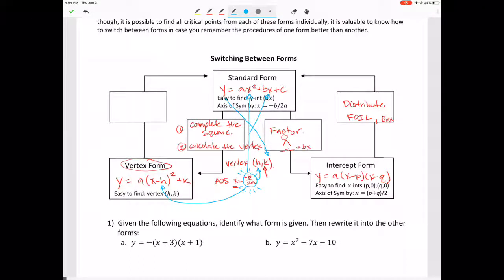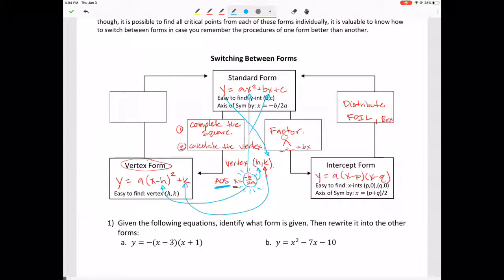But if you can come up with the vertex by first doing the axis of symmetry and then plugging the axis of symmetry number into your original equation, that gives us our vertex, our h and k, and then from there we plug that into our vertex form.